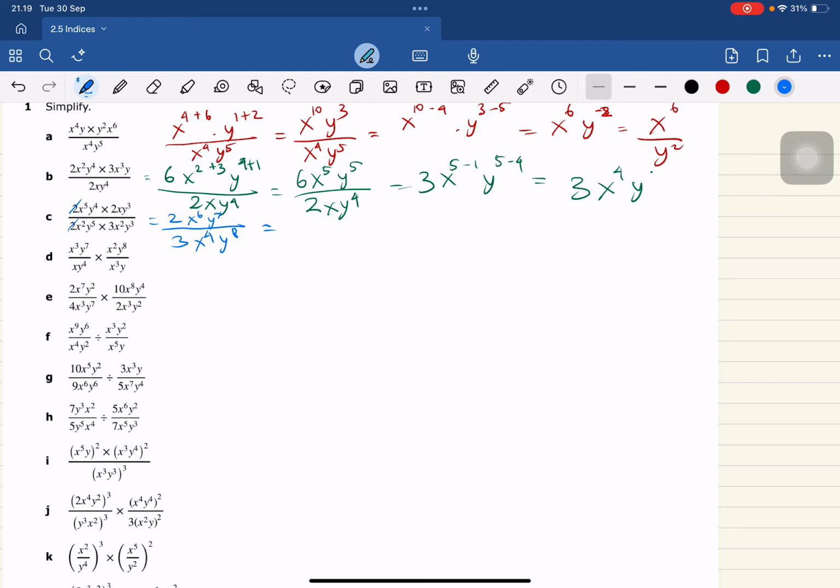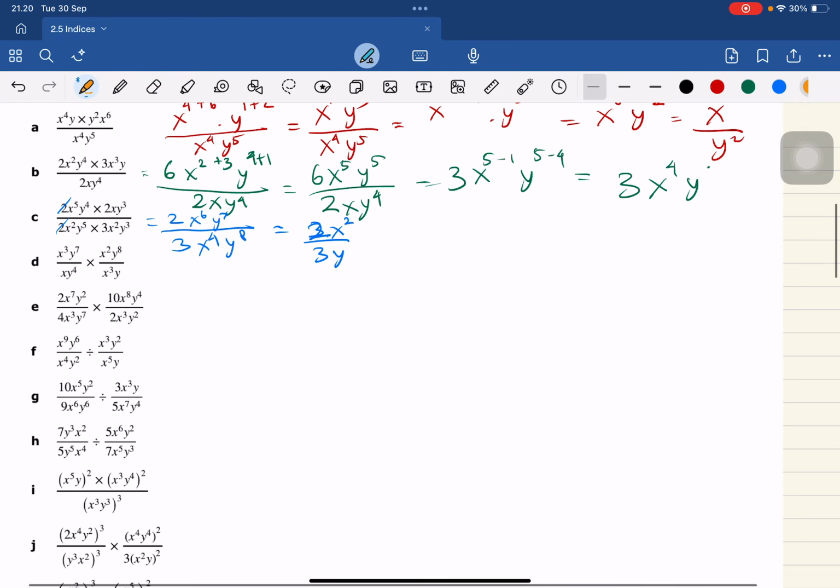So this will give us the answer of 3x. We simplify it, all of them we divided by x power of 4, so this is going to be only 2, and then y only, because all of them we divided by y power of 7, we simplify it.